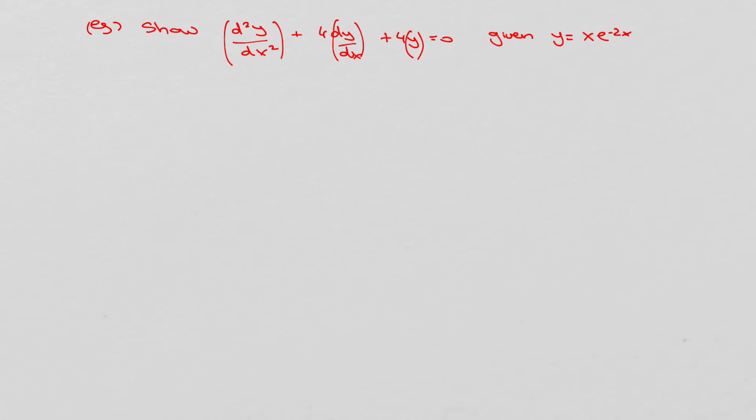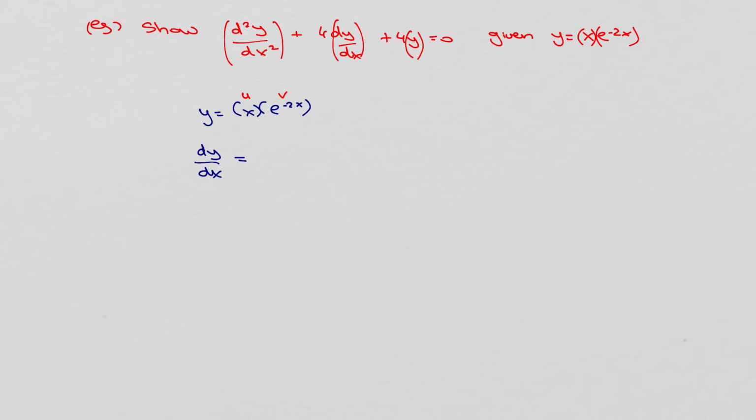And if I look at the original function, I have a function of x multiplied by a function of x. So therefore, if I take y equals x times e to the minus 2x, in order for me to find dy/dx, my first step, I have to use my product rule, because I have a product of two functions of x.